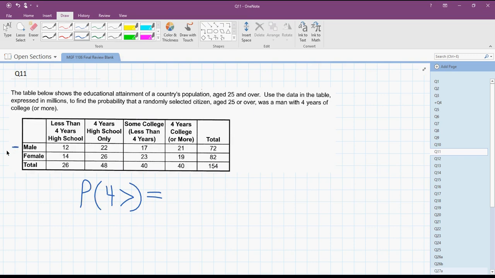You start at male, and then you go to where you are 4 years or more. And that's our top number, the 21, and then you're absolutely correct, Brandon. How many people were in the survey? 154. That's our total. And then, of course, reduce it. 3 over 22. Yeah, it is that simple.